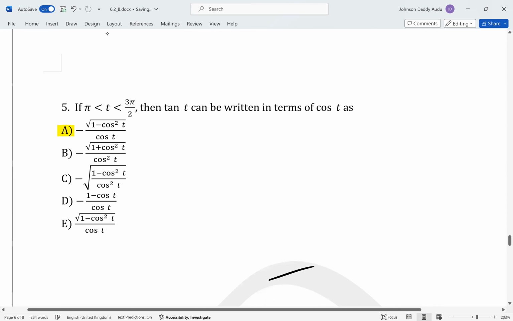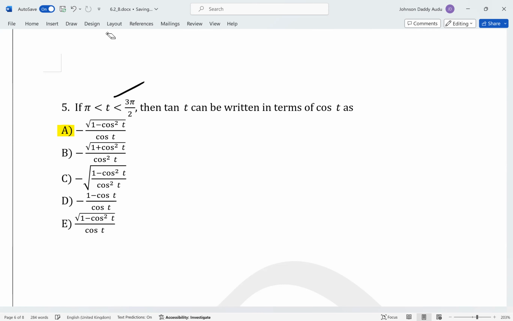Then number 5, here we want to write, we are in which quadrant? I think we're also in quadrant 3, right? And you want to write tan t in terms of what? Cosine. Okay, we want to write tan t in terms of cosine. So we can start by saying tan t, we use the reciprocal identity.